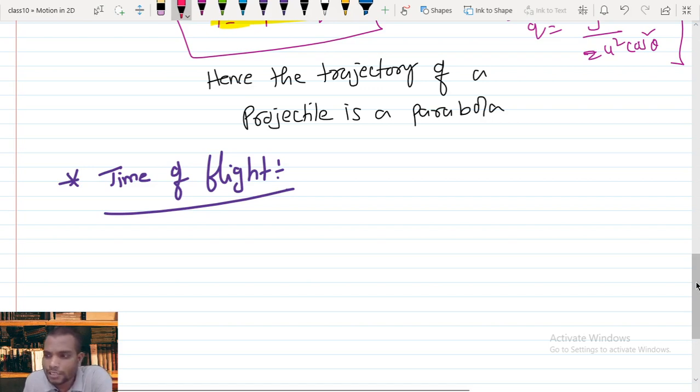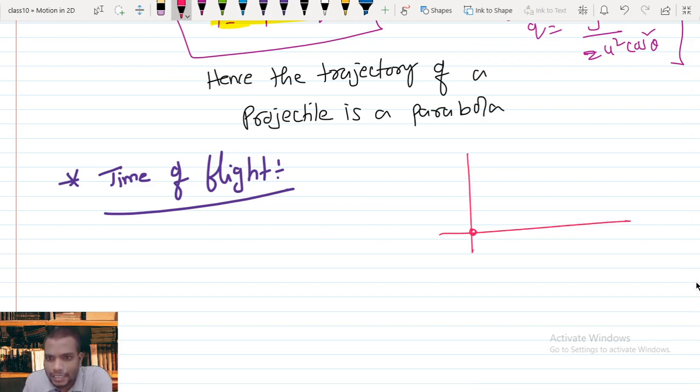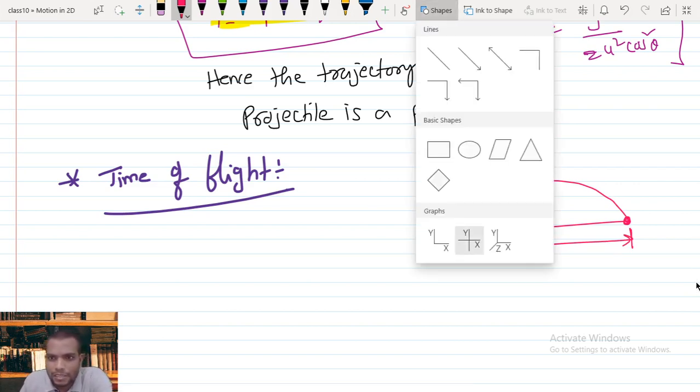net horizontal displacement. The projectile is launched here initially, then again it lands on the same horizontal point. So we are calculating only the horizontal displacement. What about the vertical displacement?